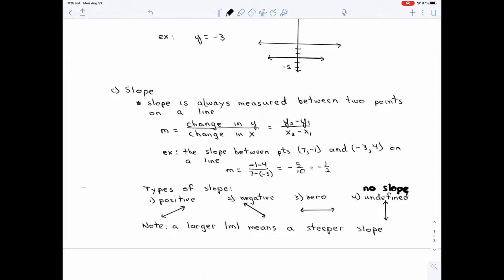Also note that a larger absolute value of slope means a steeper slope. So, for example, let's say the slope of one line is -5, and the slope of a second line is 3. Well, 3 is larger than -5, but it doesn't matter because what you have to do is look at the absolute value of each of them.